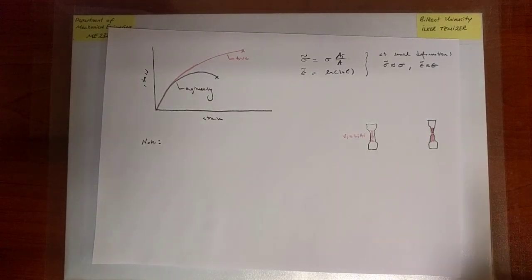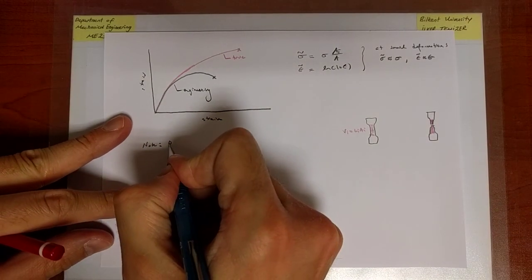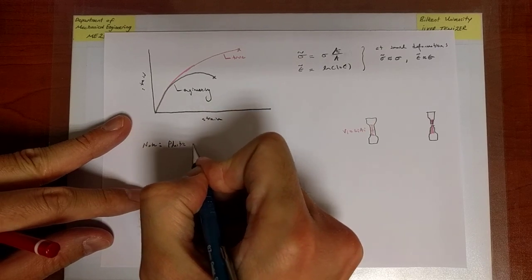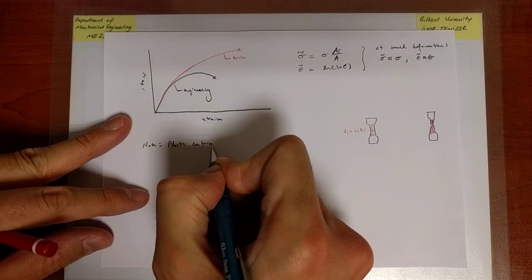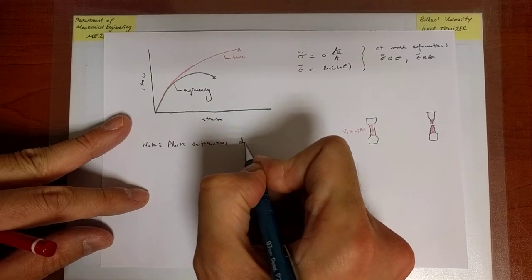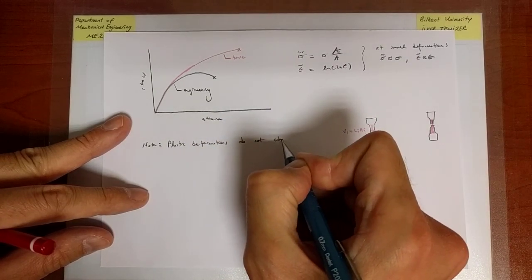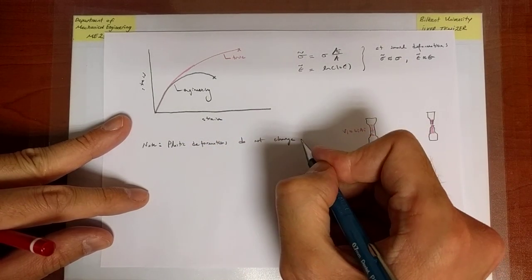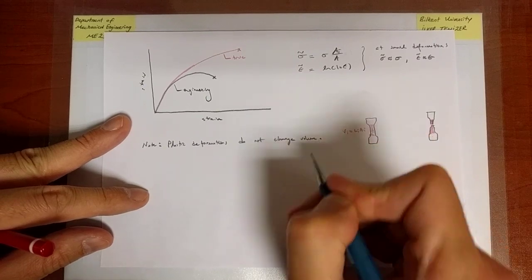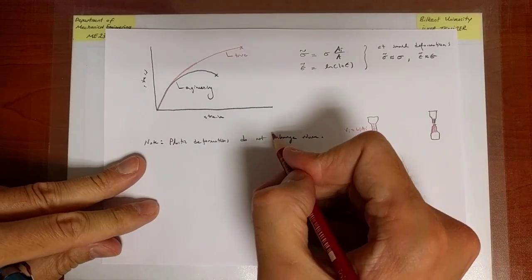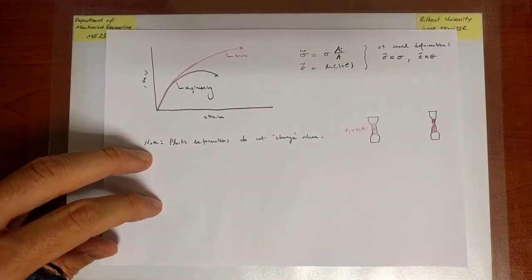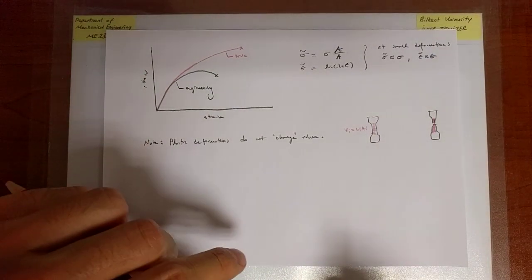And therefore, one comes up with the conclusion that plastic deformations alone do not change the volume. And when I say change, again, this is an idealization, but a very, very good idealization.